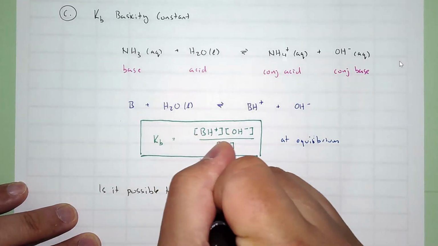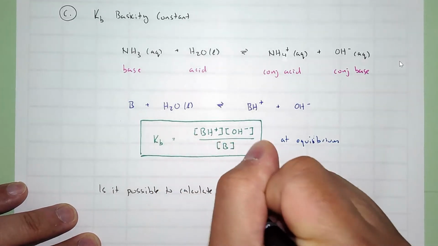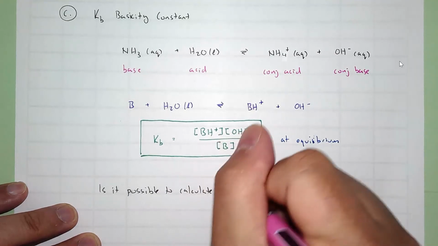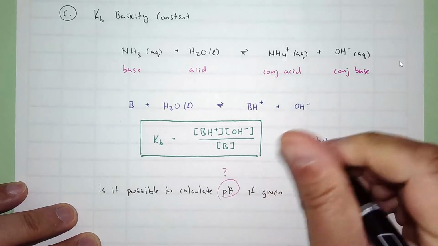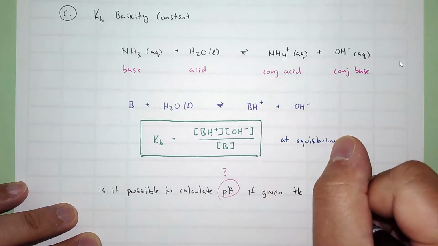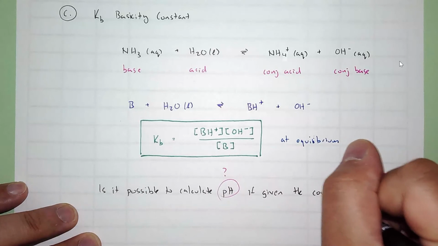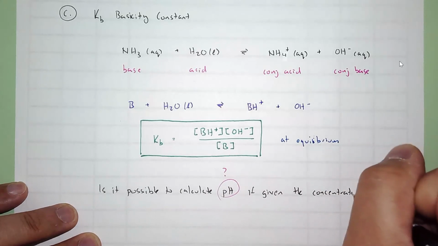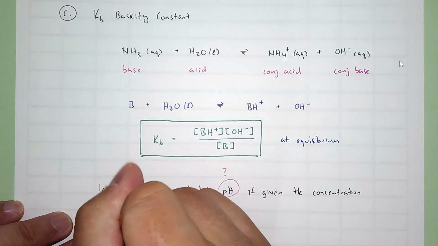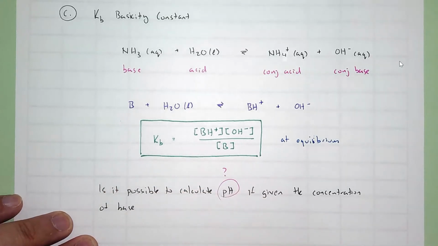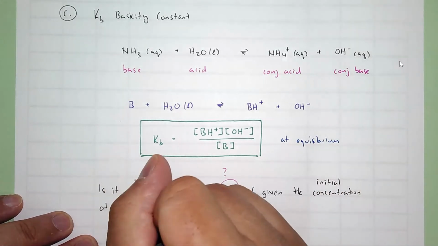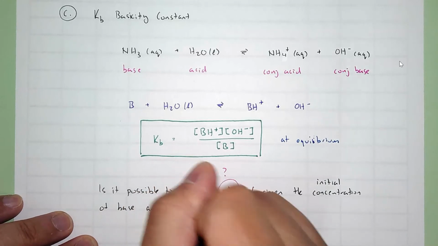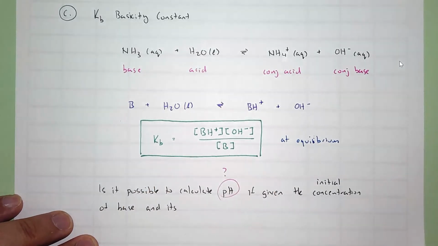to calculate pH again, if given the initial concentration of base, and it doesn't make sense to give the Ka for a base.